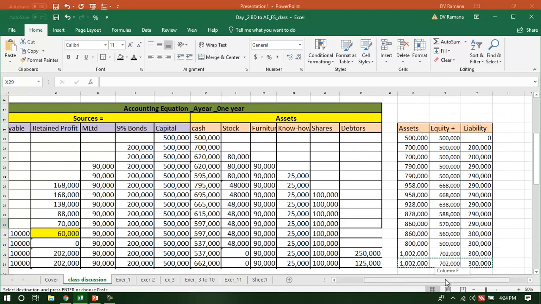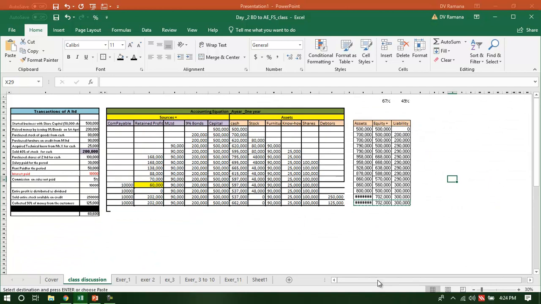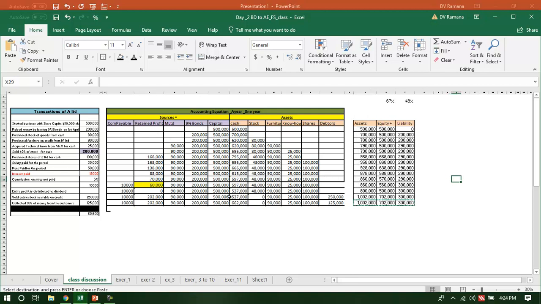But it is necessary to understand that every transaction that we come across can be examined and analyzed by first observing its effect on the accounting equation. In the later part, we'll see that this accounting equation is actually the backdrop for the financial statements, because normally you don't see this accounting equation of any company in the annual report.